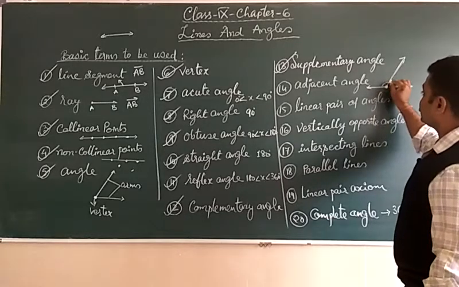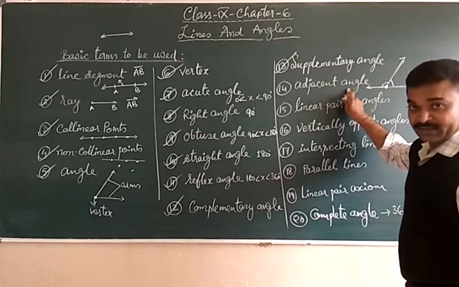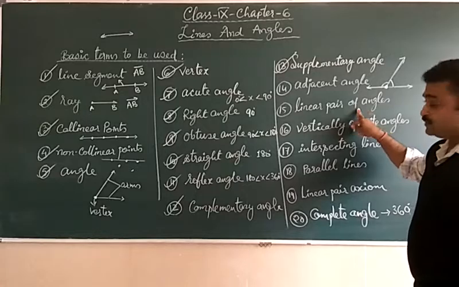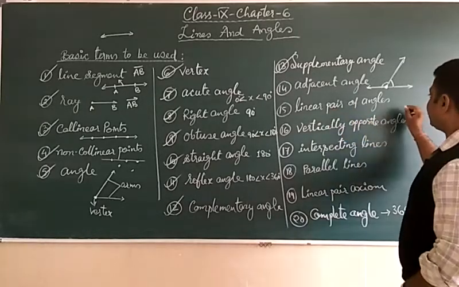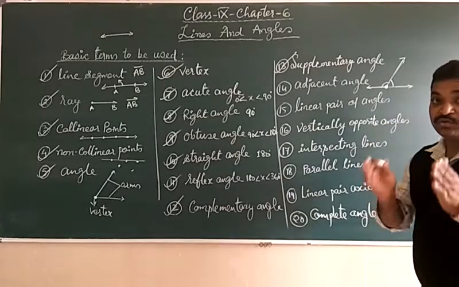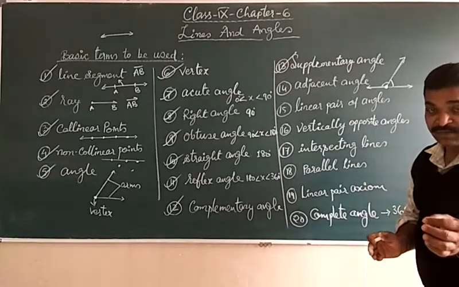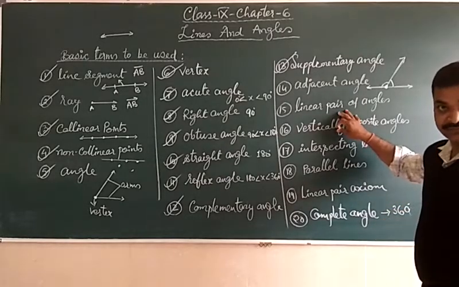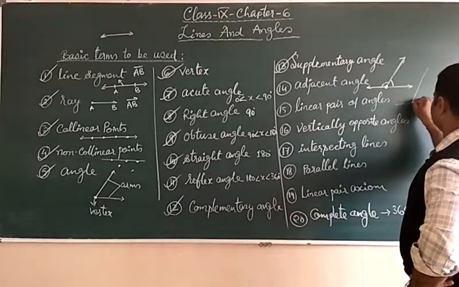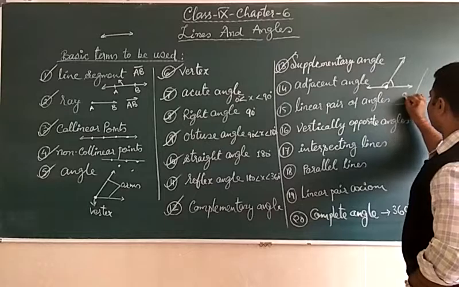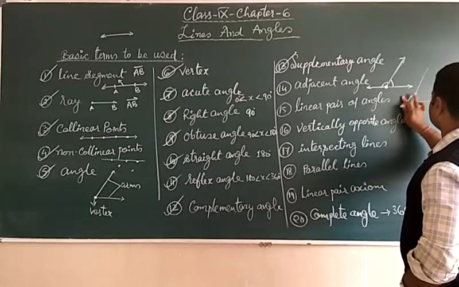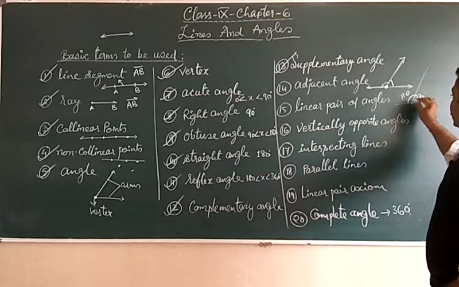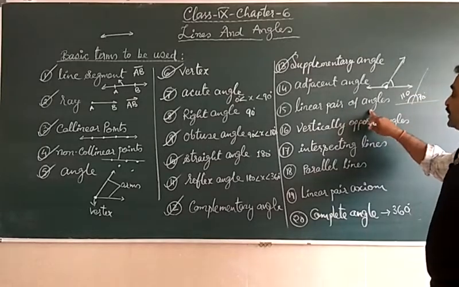Then these two angles are adjacent angles. Clear? Now, linear pair of angles. If two adjacent angles have the sum 180 degrees, then the angles are called a linear pair of angles. Suppose this angle is 110 degrees and this is 70 degrees, then these two angles are called a linear pair of angles.